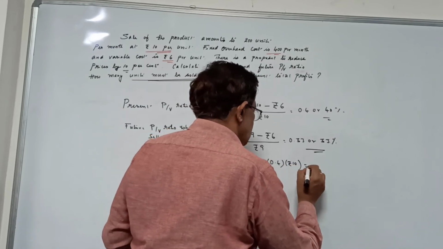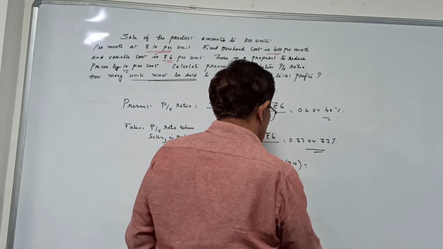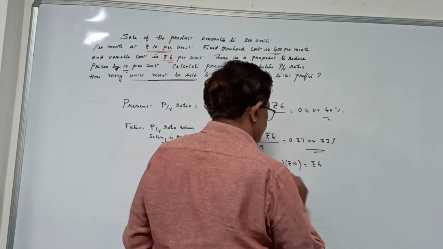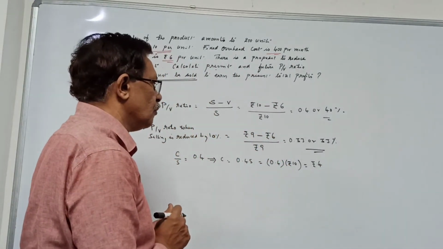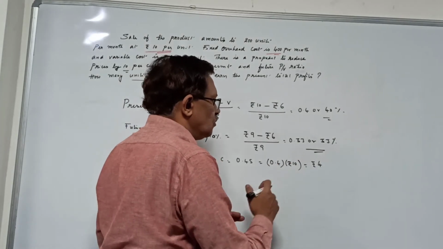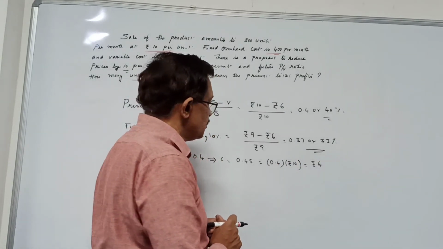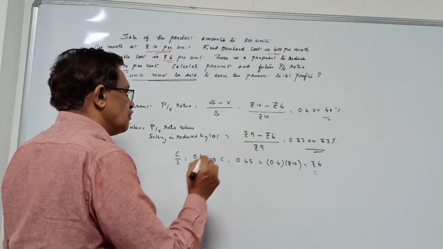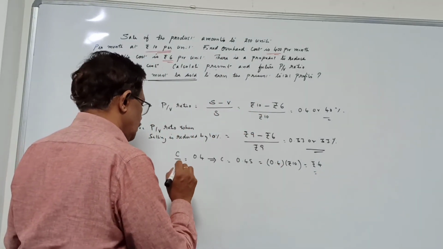So this is nothing but rupees 4. 0.4 is nothing but 4 divided by 10. So 10 goes, we get 4 rupees. So now the contribution margin is 4.